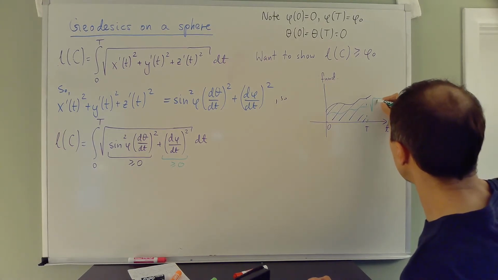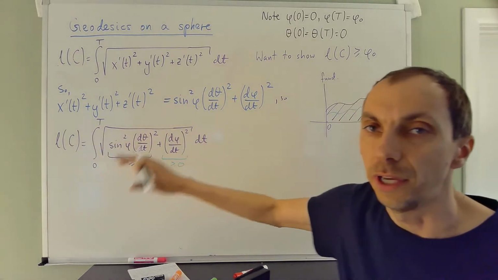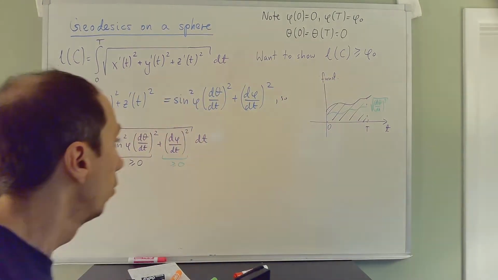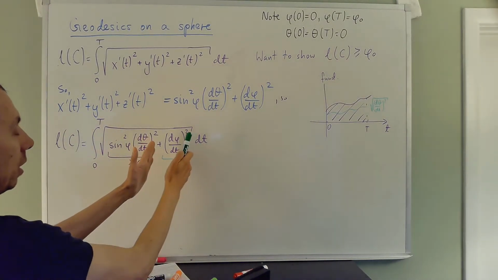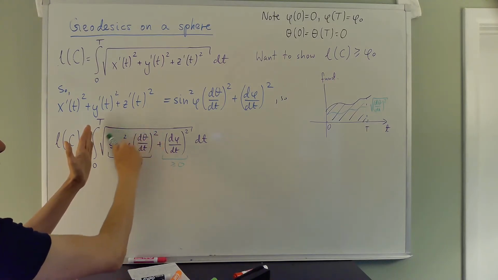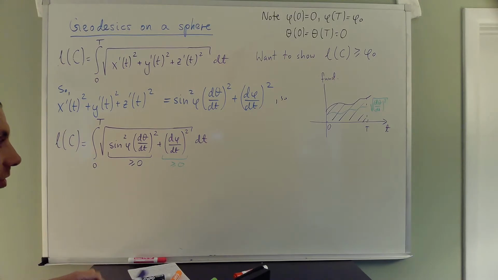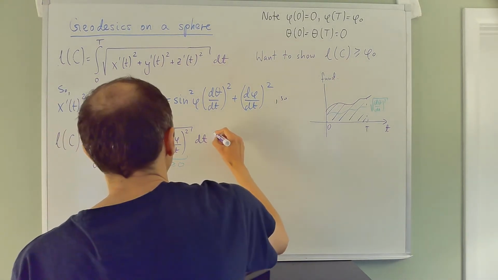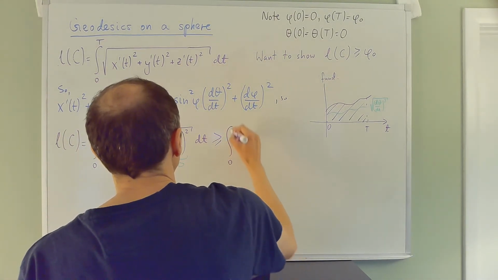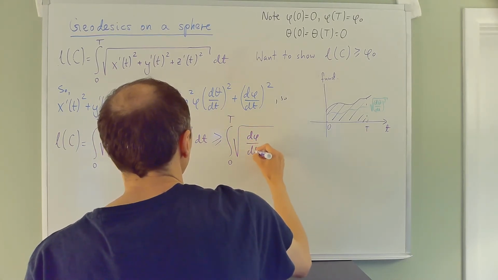That's the graph of the square root of d theta dt squared. And the purple graph is the graph of the whole thing, right? So this green graph certainly lies below the graph of this whole thing because the whole thing has this extra positive term here. That means I can say that this integral is certainly greater than or equal than the integral from 0 to t of just the square root of d phi over dt squared.